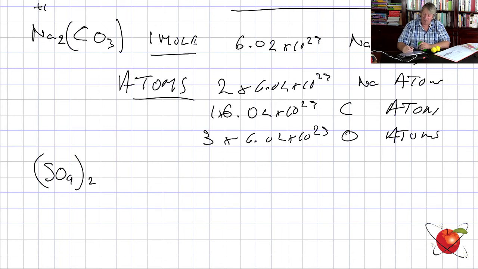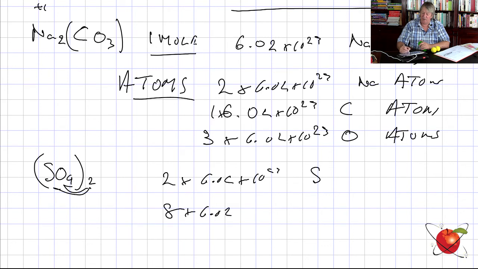But the atoms, there's 2 times 6.02 times 10 to the 23 sulfur, because this has to go in. And 8 times 6.02 times 10 to the 23 O atoms. Right?